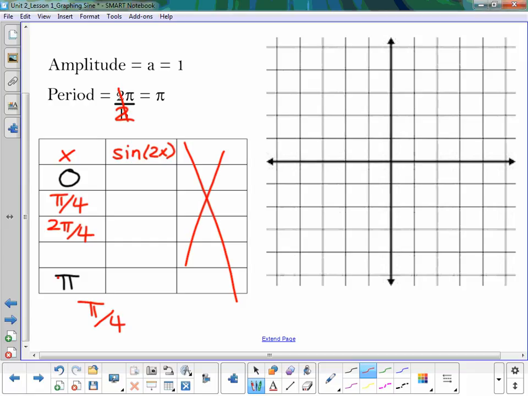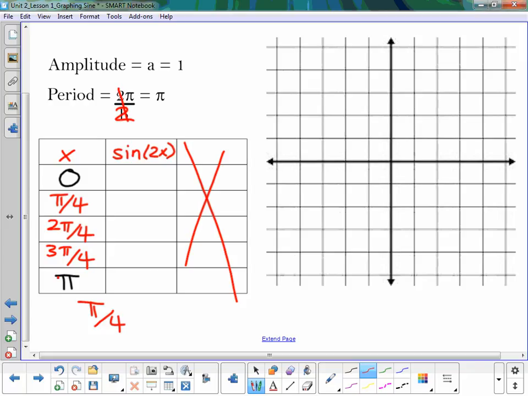Then I'll go to 3 pi over 4. And then if I go up pi over 4 more, I get 4 pi over 4, which is just pi. So I have equal spaced intervals. I'm starting at 0, my period's pi, so I'm ending at pi.